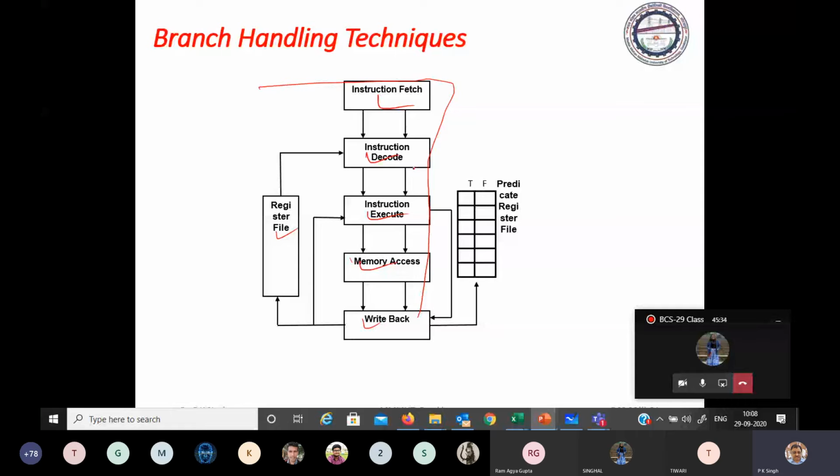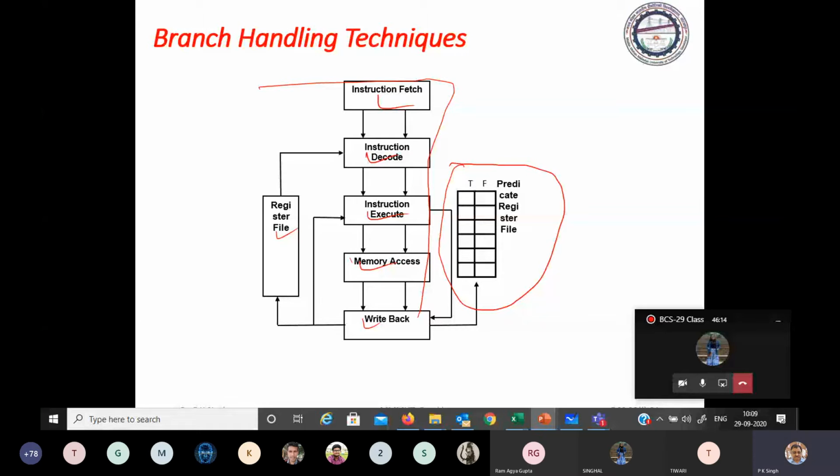Here you just see we have a predicate register that stores the predicate. If a particular predicate is true, it will refer to this predicate register, and as per the predicate value stored in the register, it will either execute the instruction or consider it as no op. Okay.